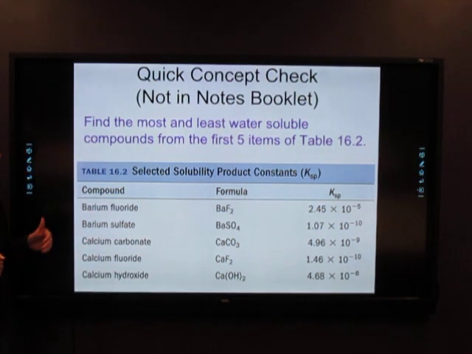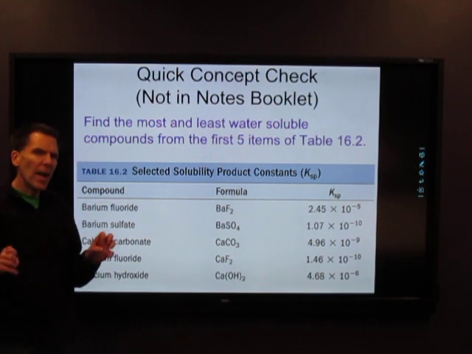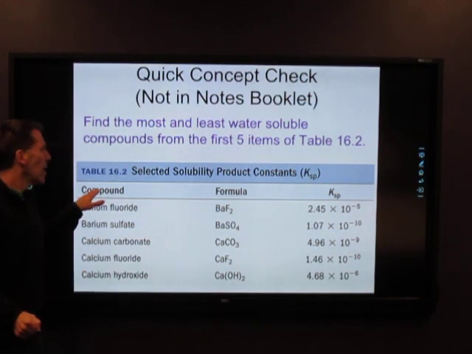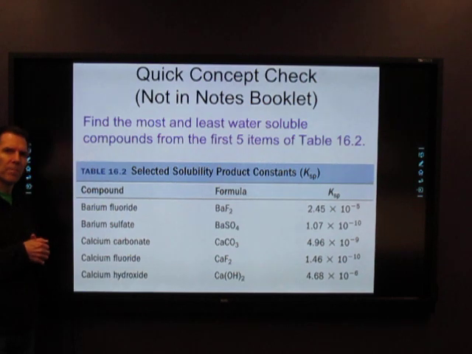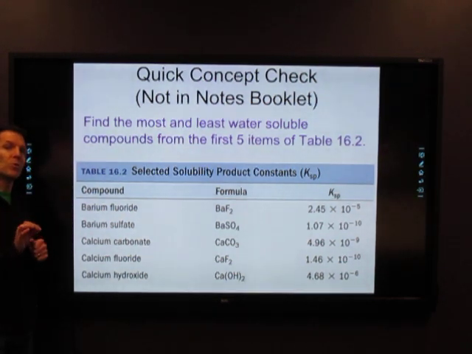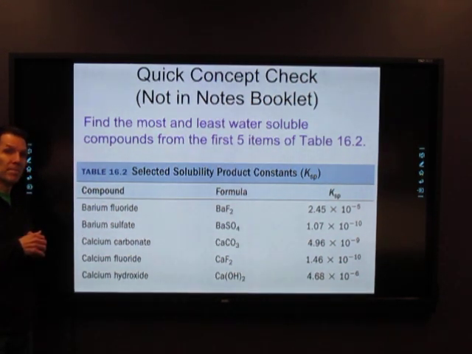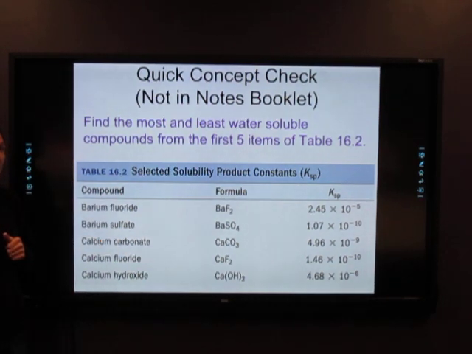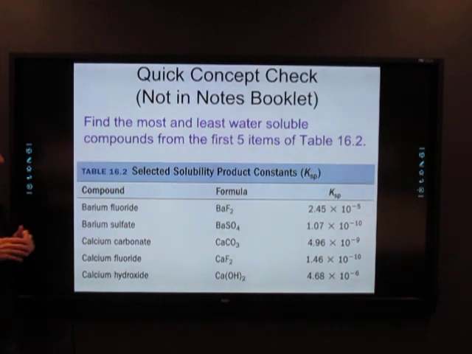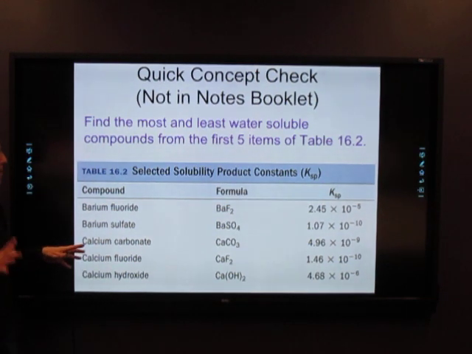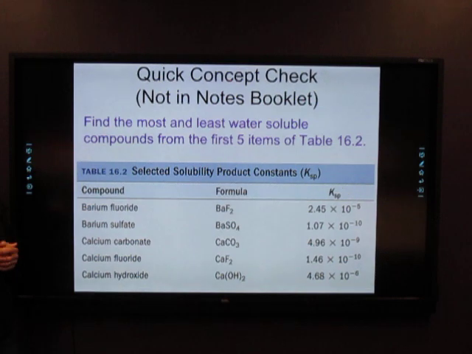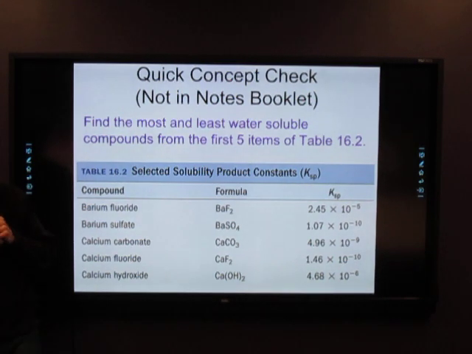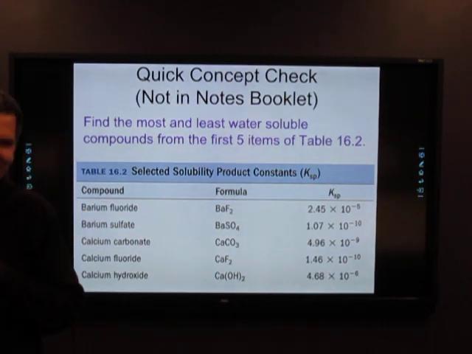But just pause the video in a moment and, looking at these values and thinking about ideas like strong and weak acids and solubility, what compound out of these 5 items would be the most water soluble? And then what compound from the list would be the least water soluble? So find the most and the least, hit pause, and then come back, and Adina and I will reveal the answer.